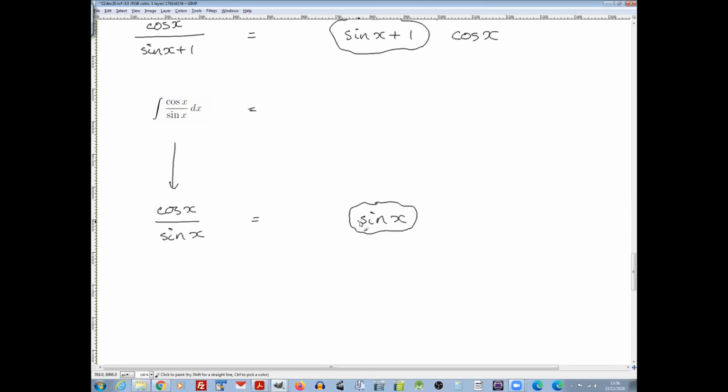And then if you go up, you'll get blob sin x. That's going to differentiate to cos x. And then so you've got sin x times cos x.